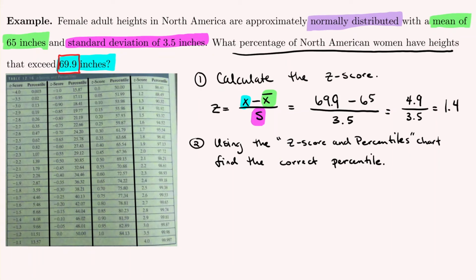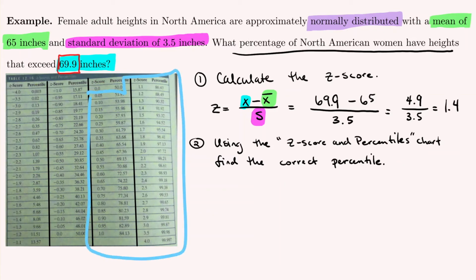Now once we found our z-score, we use the z-score and percentiles chart that can be found on this page of the notes, and we find the corresponding percentile. As you're navigating this chart, the negative z-scores are in this portion, and the positive z-scores are in this portion.